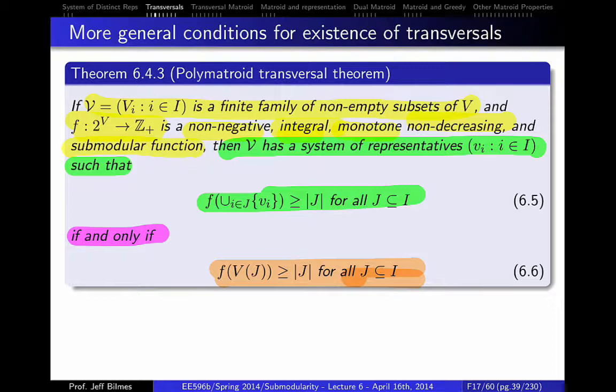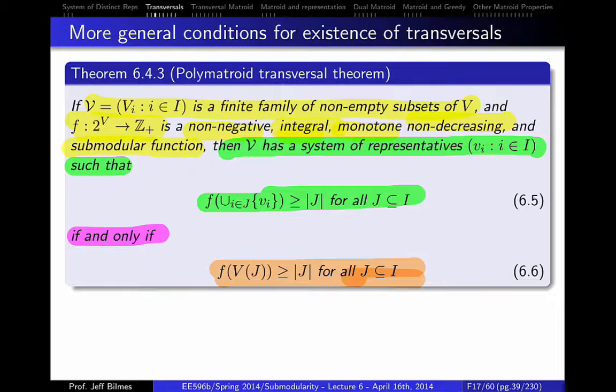So f is any integral valued polymatroid function. What if we take f equal to the cardinality? That would make it distinct, right? Because then we'd recover Hall's theorem. But in other words, here's another way of saying it.